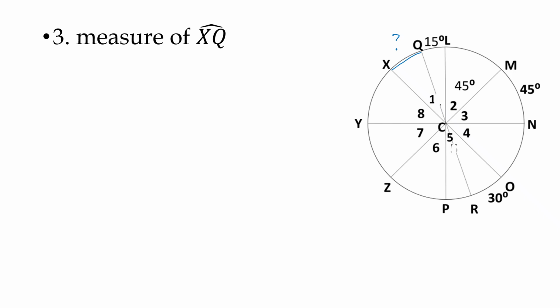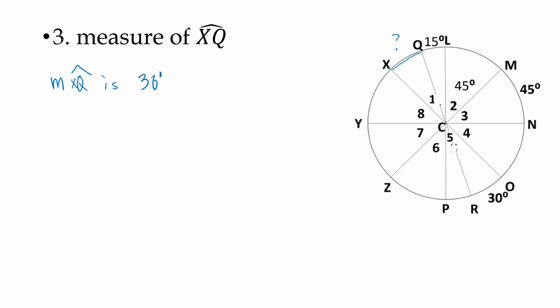It is just simple that the value of measure arc XQ is just 30 degrees. Why?